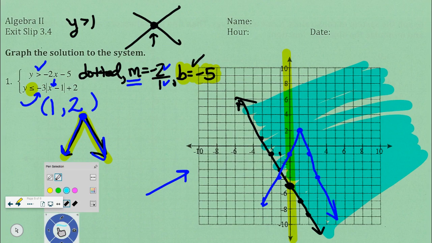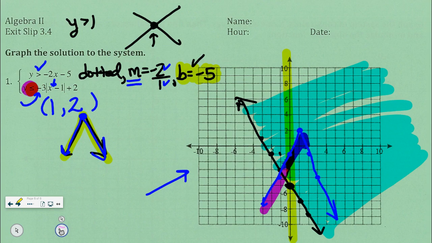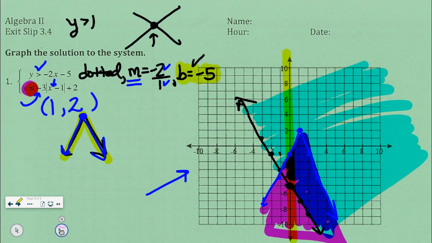But I also need to stay, I'll do it in purple, below, because of the less than or equal to, the absolute value. So I'm in here. Now anywhere where you see that pink change colors is where our solution lies. So you'll notice I'm above the black line and below the blue absolute value in here. You need to make sure you shade that really well so your teacher knows.